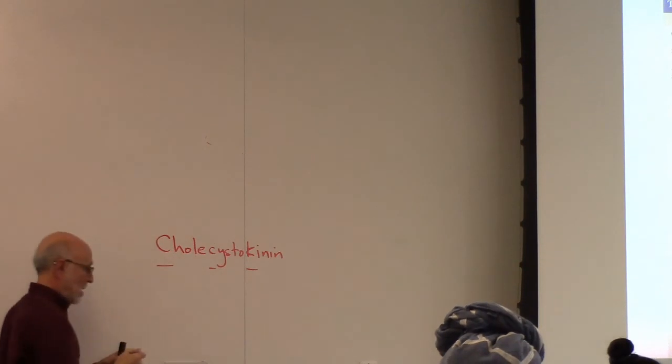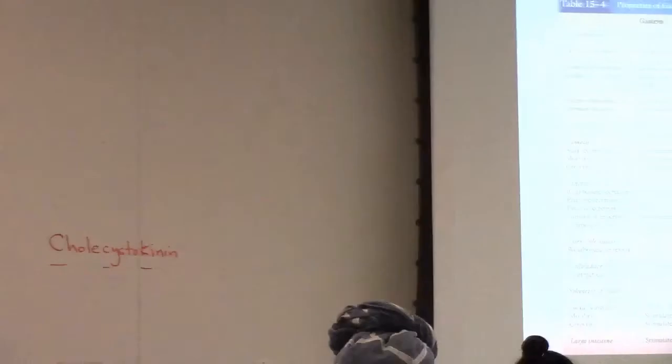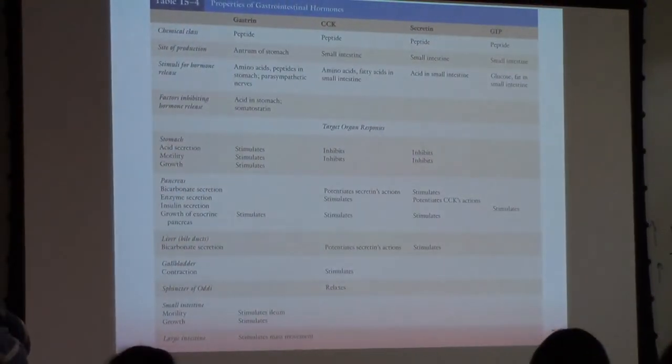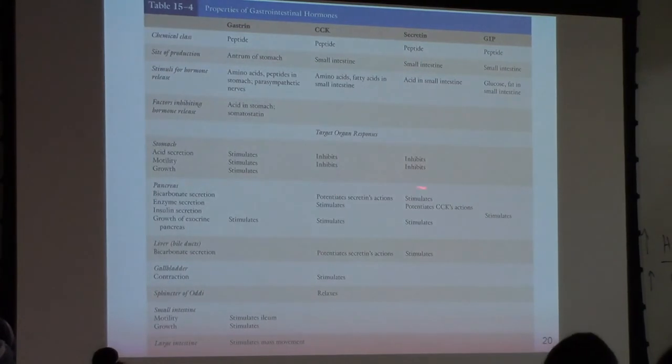Cholecystokinin is a hormone. We'll talk about it. It's released from the intestine. It's important for secretion of things from the pancreas. So we'll talk about this on Thursday.